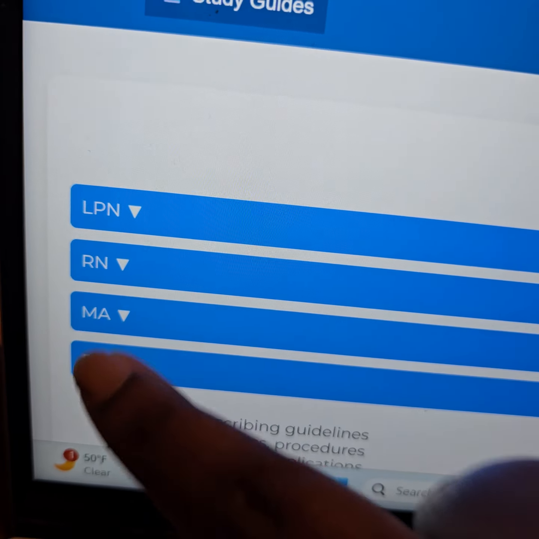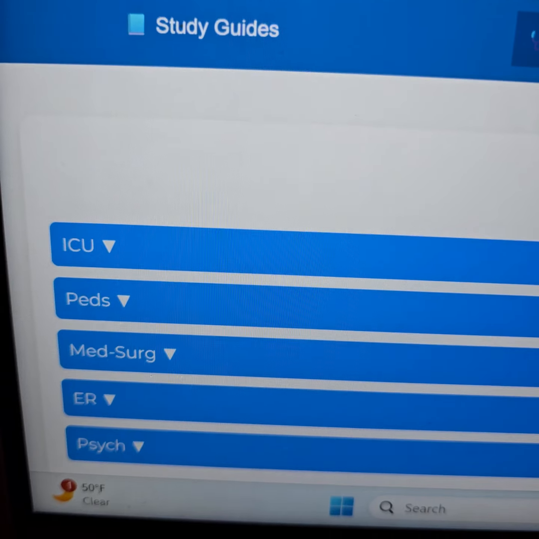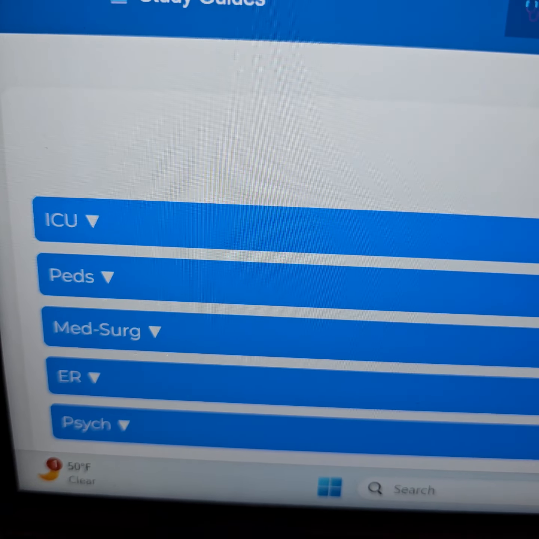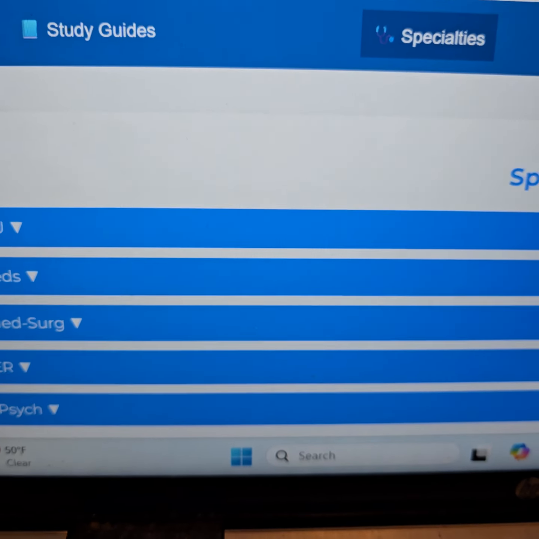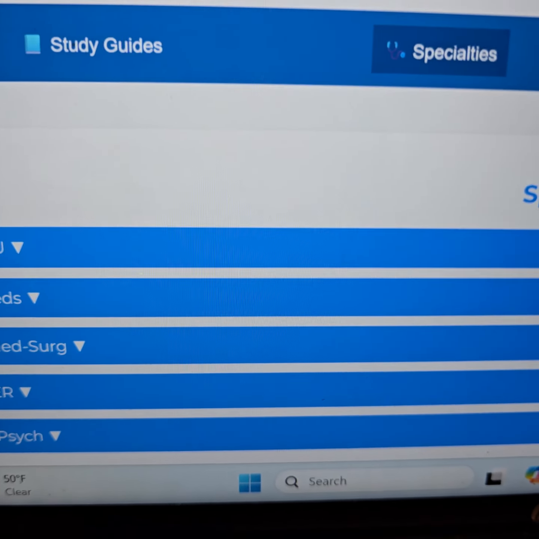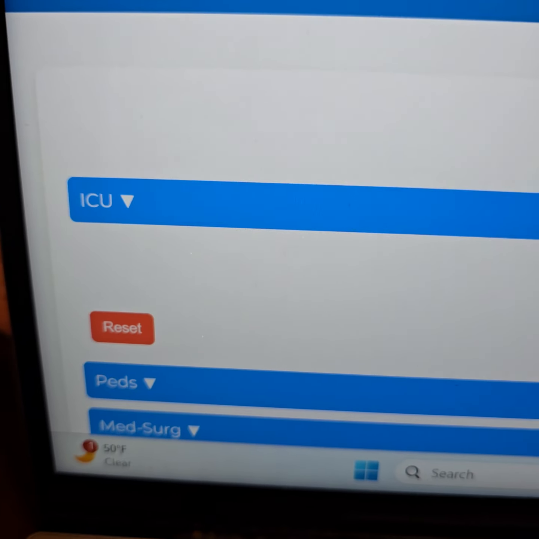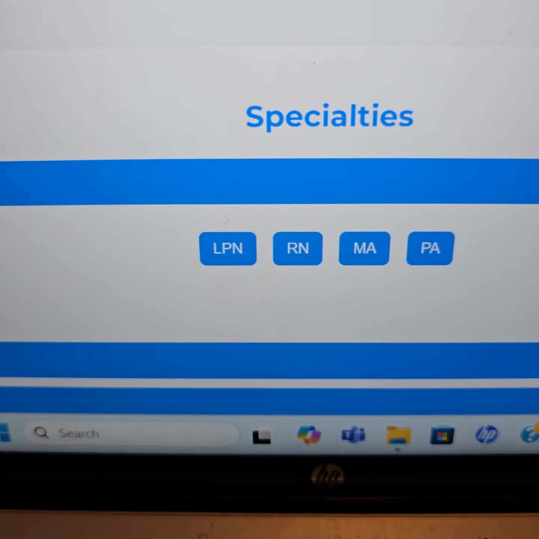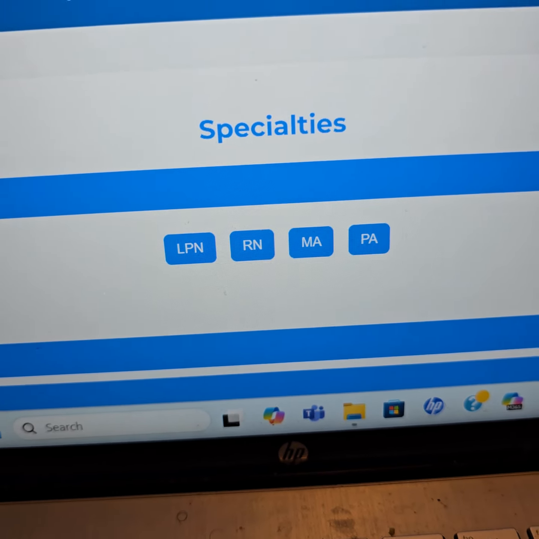Now, if we move over to specialties, again: ICU, pediatric, med surg, ER, and psych. Those are the main floors. When you hear anybody talk about nursing, it's pretty much those floors. If you reset this, how I tailored it is that when you click on ICU, you have an option to pick: are you an LPN, RN, MA, or physician's assistant?